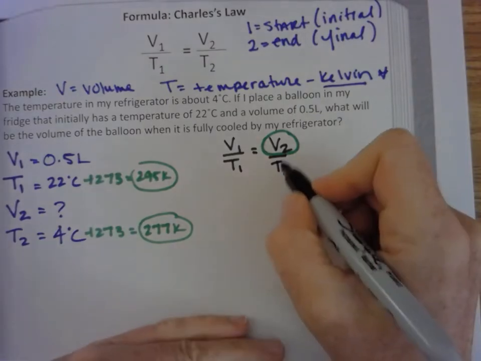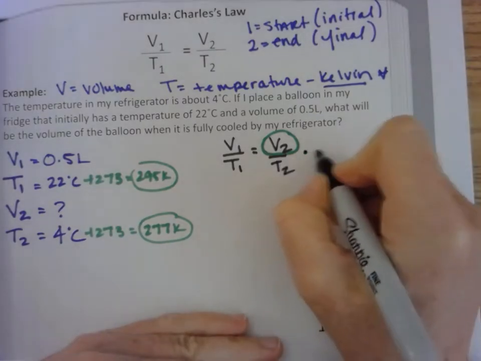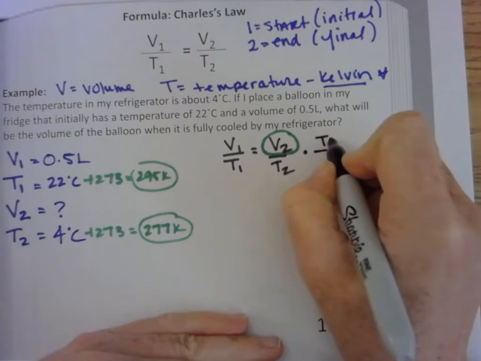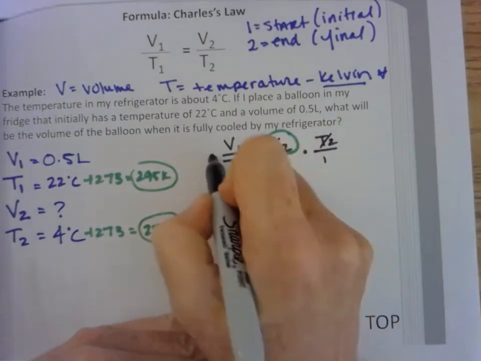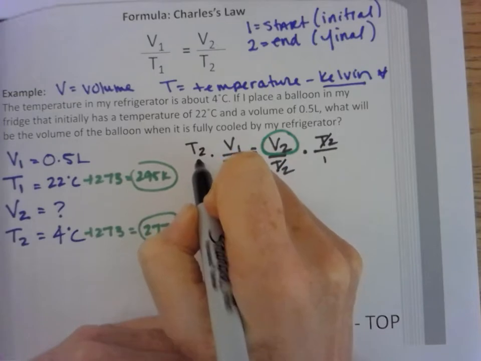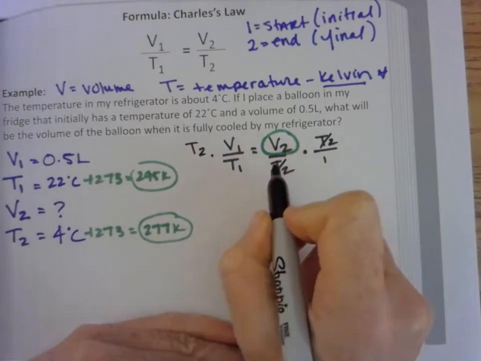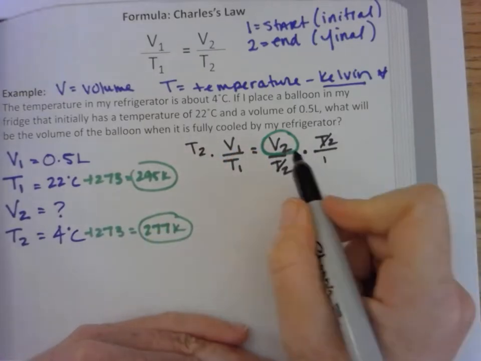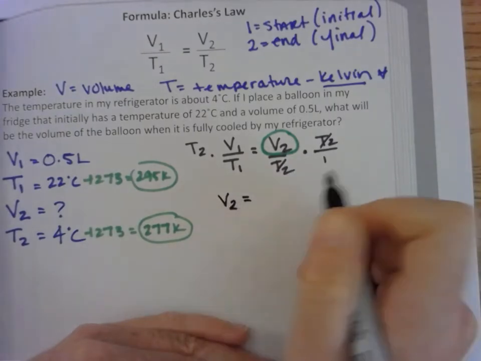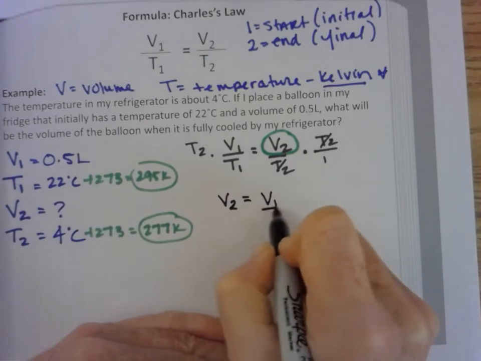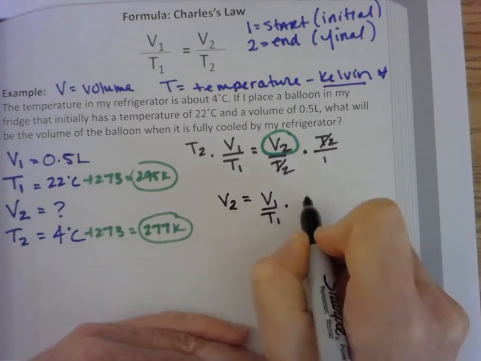Since T2 is on the bottom, I'm going to make up a fraction and put T2 on top, that would be over 1, and I can cancel. If I do it to one side, I do it to the other side. So always start with what you're looking for on the left, and that equals V1 over T1 times T2.